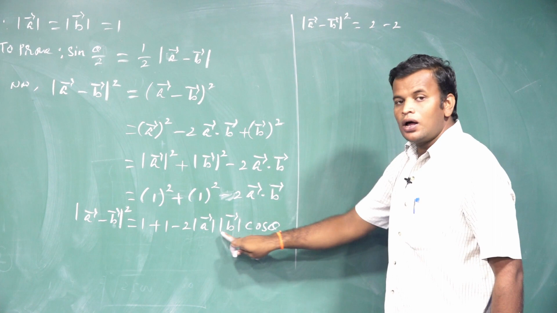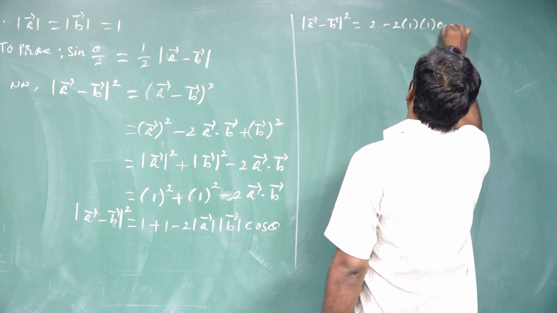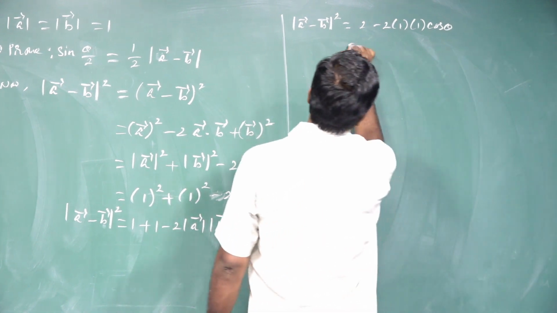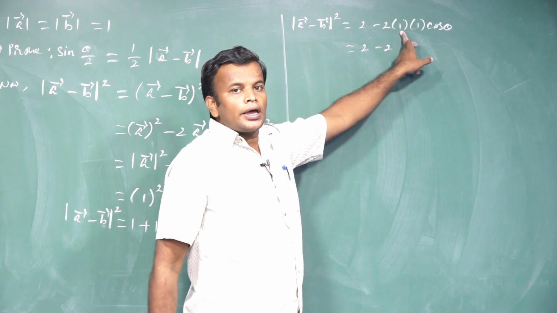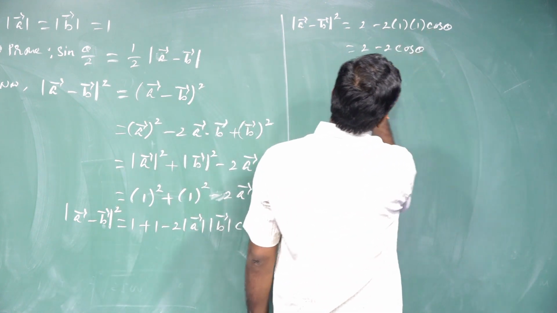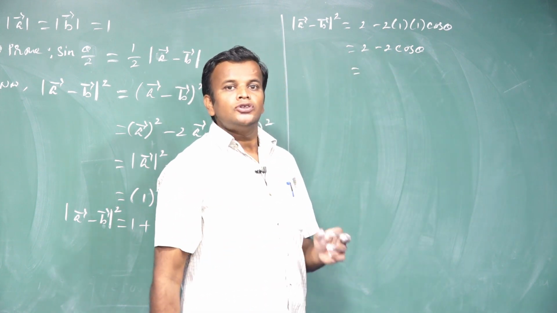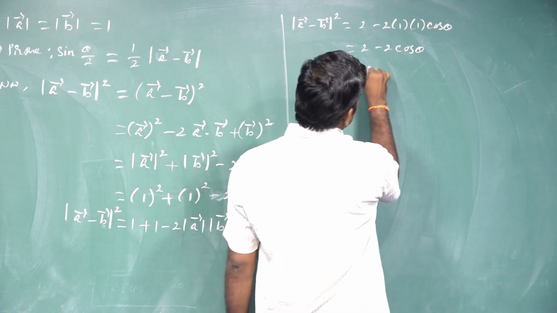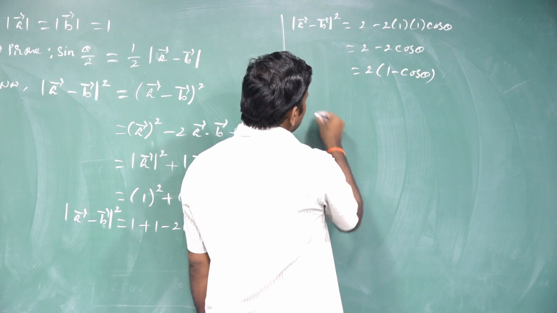Minus 2 of all values is 1, 1. 1 into cos theta. 2 minus 2 ones are 2. Again 2 ones are 2. 2 cos theta. You see in these two terms the number 2 is common. So we will take outside 2. 1 minus cos theta.